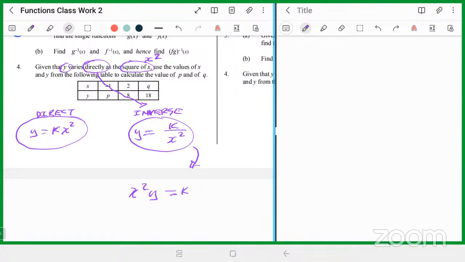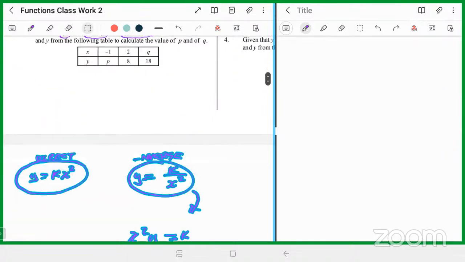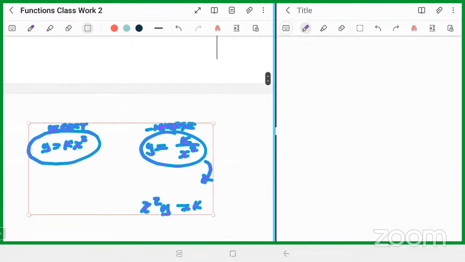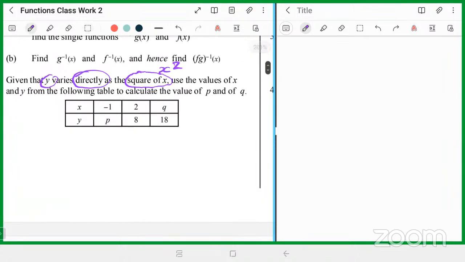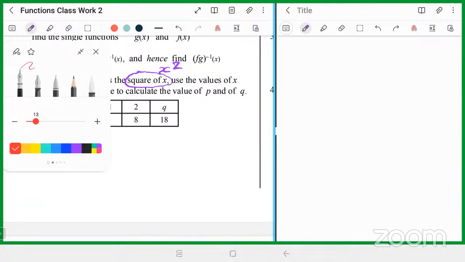And what will happen is that they will always give you a pair of known values to use to find the value of k. Right? They'll always give it to you. Sometimes they put it in the table, as is the case here with this one, but sometimes they'll put it in words, right? The values that you can use. It's always a pair of known values.